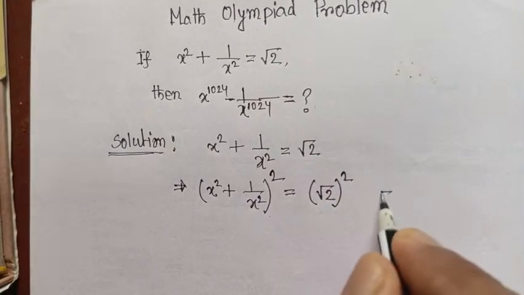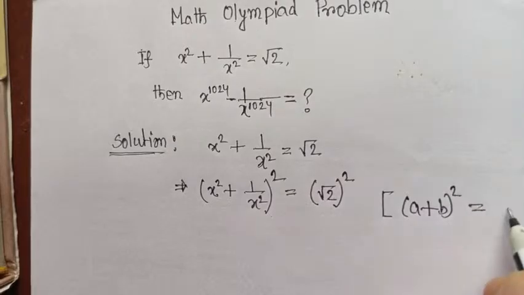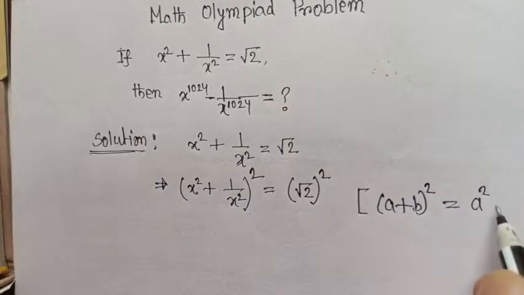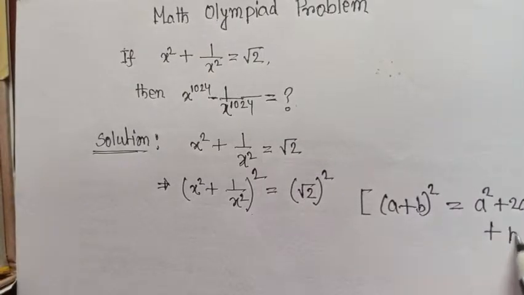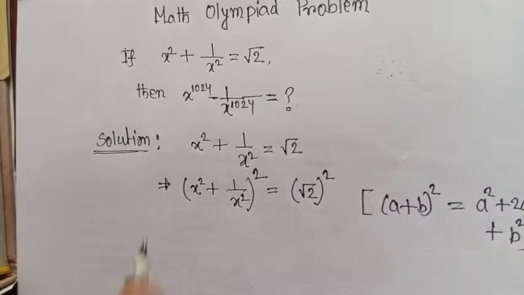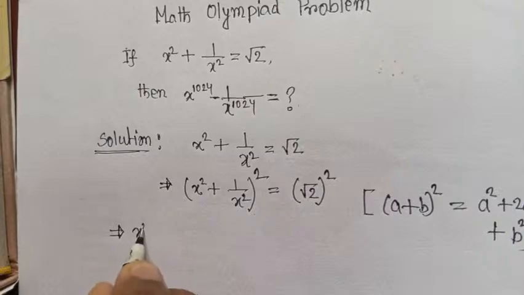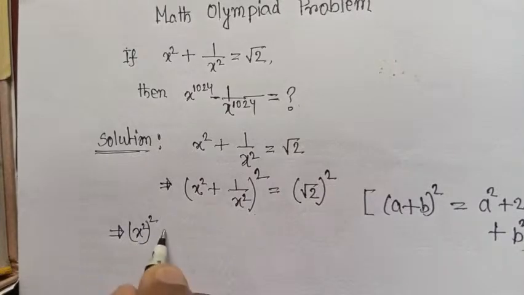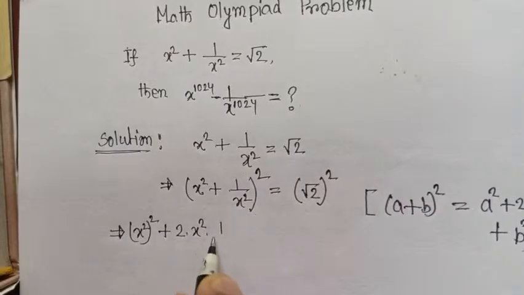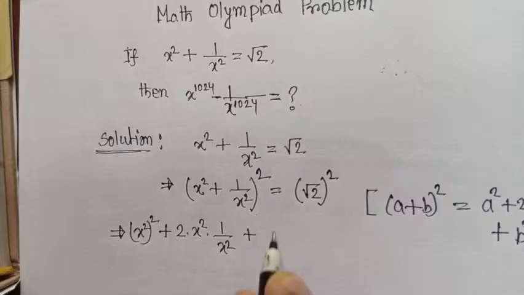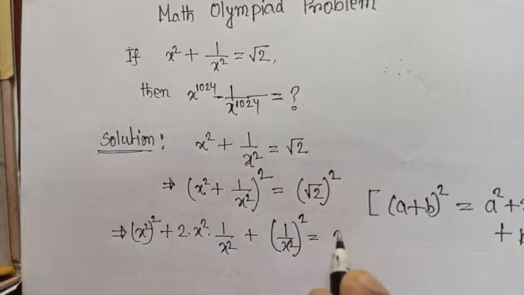Now we know (a plus b) whole square is equal to a square plus 2ab plus b square. Now if we expand this, x square whole square plus 2 x square into 1 by x square plus (1 by x square) whole square equals 2.